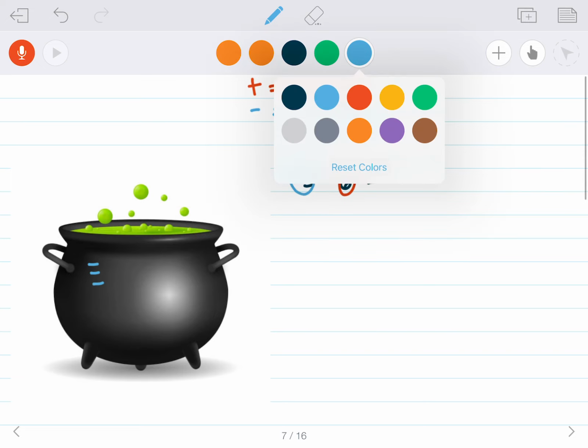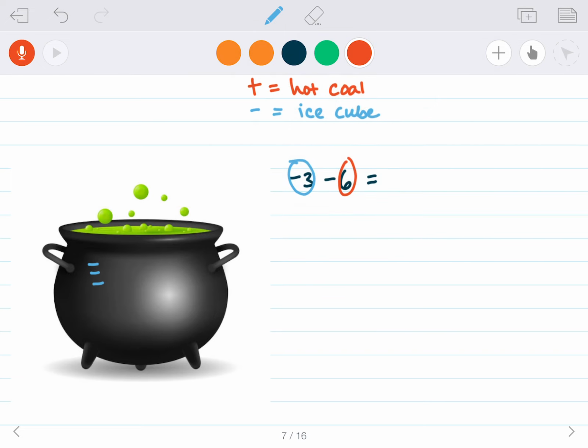So if I add 6 hot coals over here, 1, 2, 3, 4, 5, 6, I need to make sure to keep this balanced by adding the ice cubes so that this is all really 0. All right. So I want to take 6 hot coals away from 3 ice cubes, and so what I can do is just take them away. 1, 2, 3, 4, 5, 6.